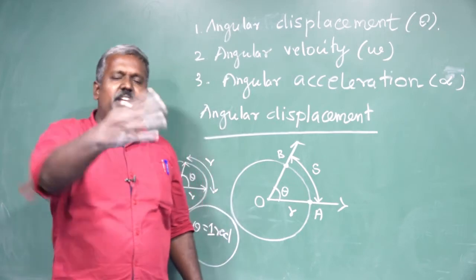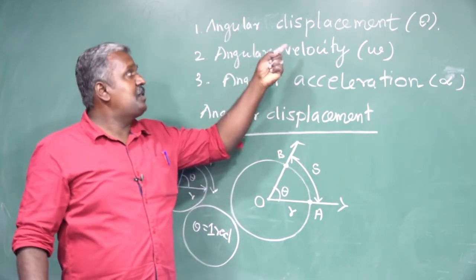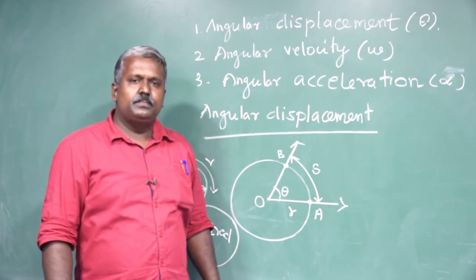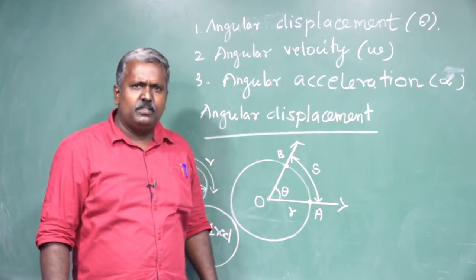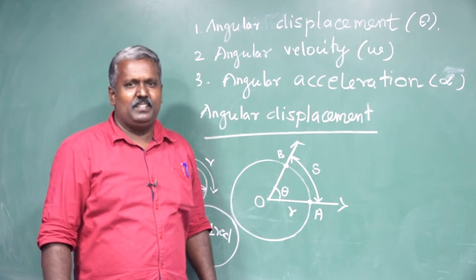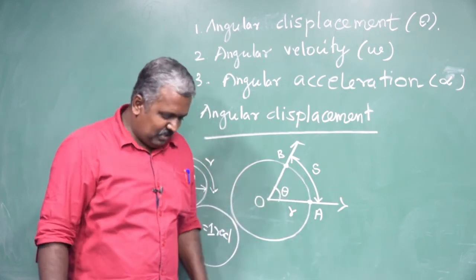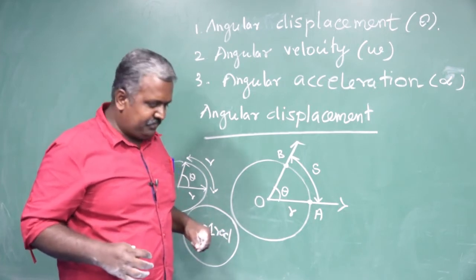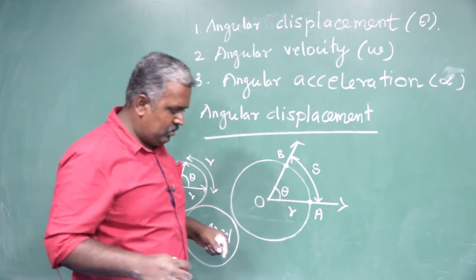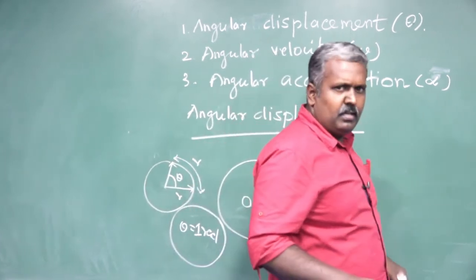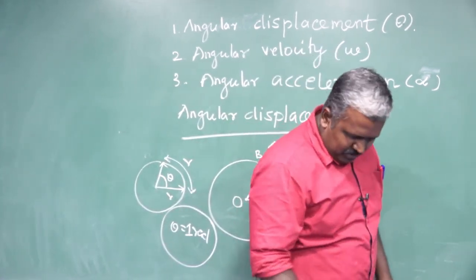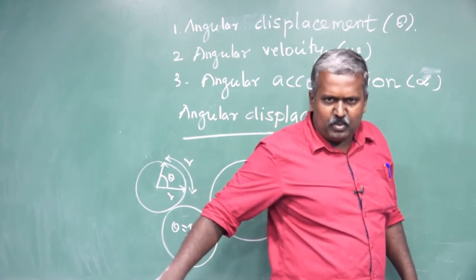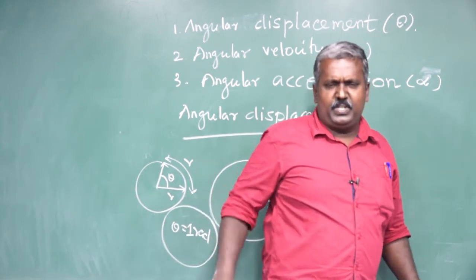It is the change of position of the particle with respect to time. I am standing here, time is equal to 0. I start to walk like this and cover this gap from that point. That is called linear displacement.